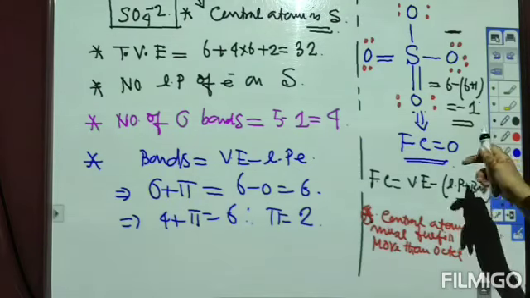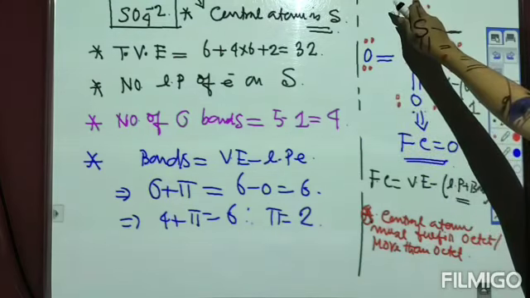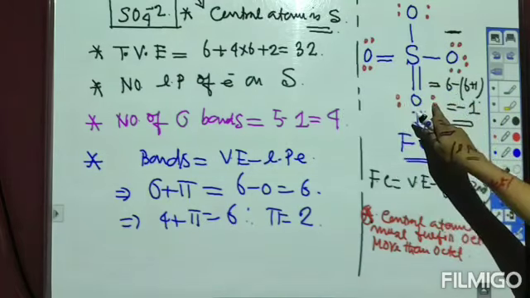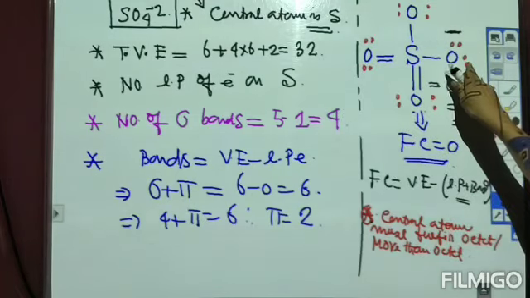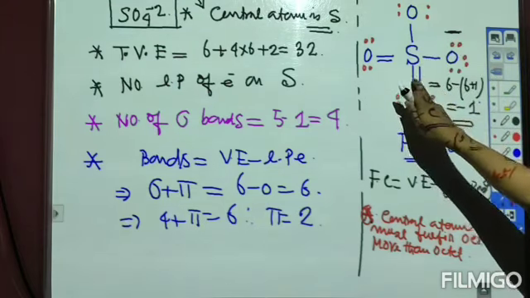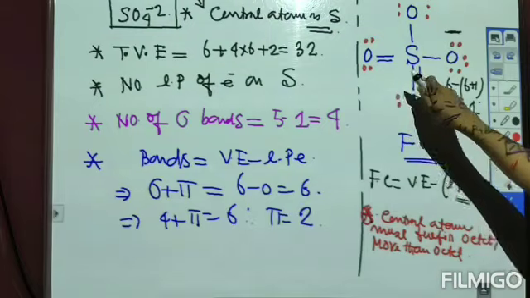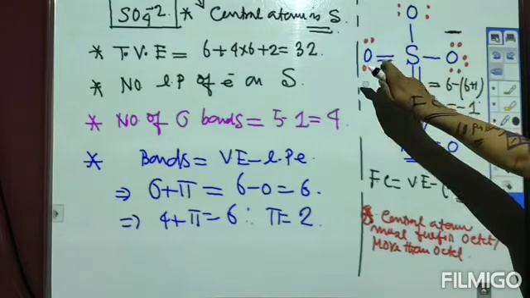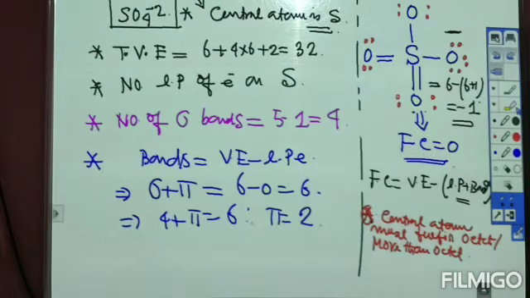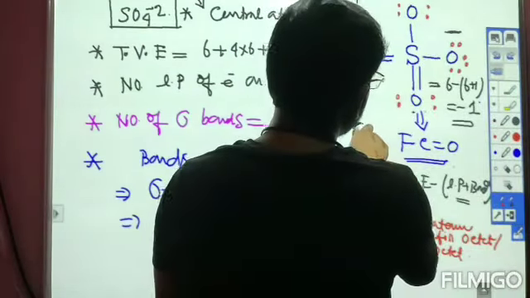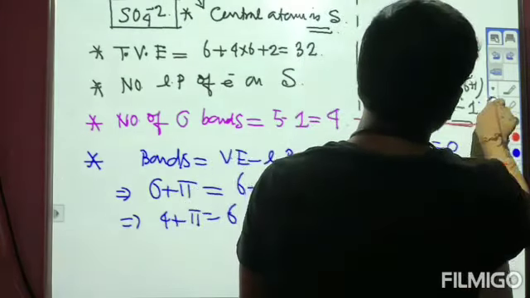Let me count. 6, 8, 10, 12, 14, 16, 18, 20. For this bond, 22, 24, 26, 28, 30, 32. So this is the Lewis dot structure of SO4 minus 2.